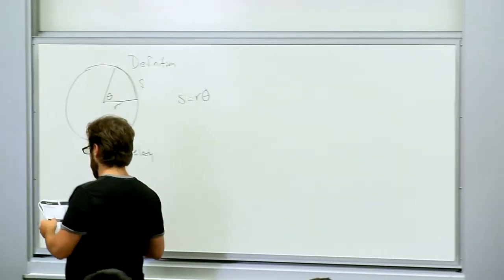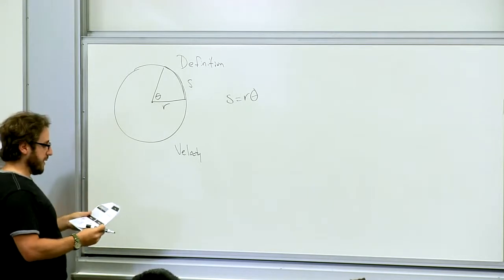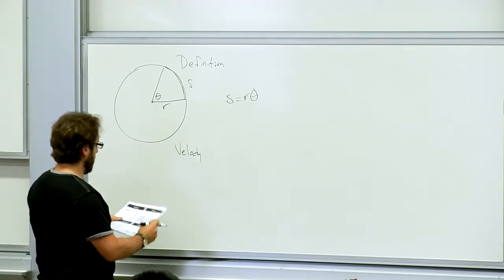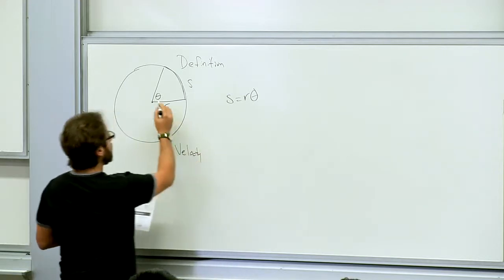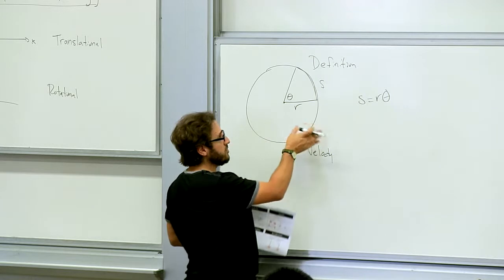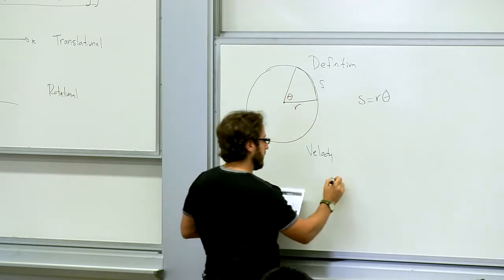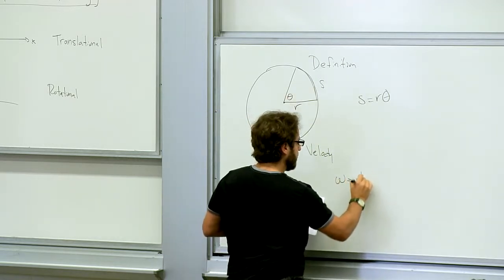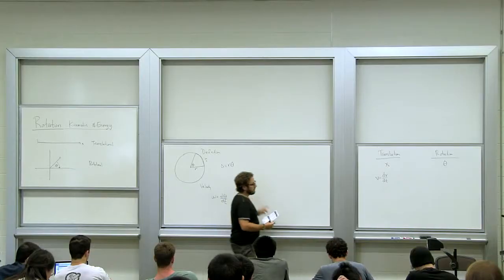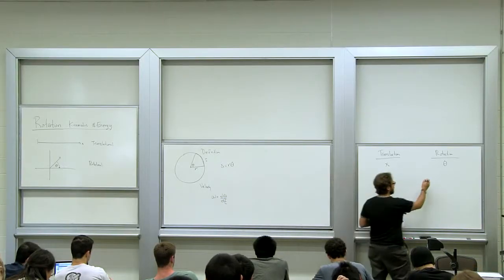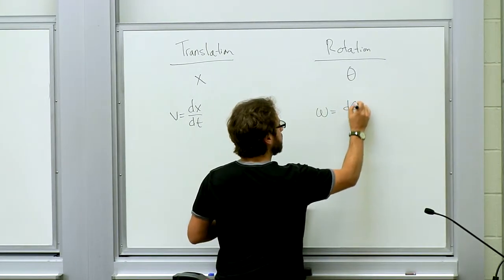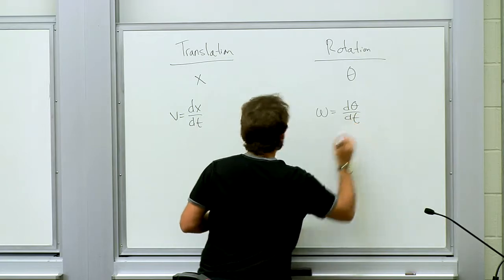Here, we're just going to translate that as directly as possible, and we'll say that velocity is the rate of change of this angle. It's the rate at which our coordinate is changing. So omega is d theta/dt. The velocity analog we call omega, angular velocity, is just d theta/dt.